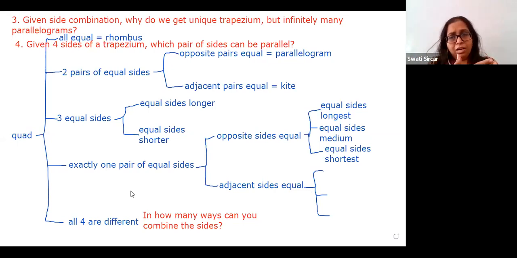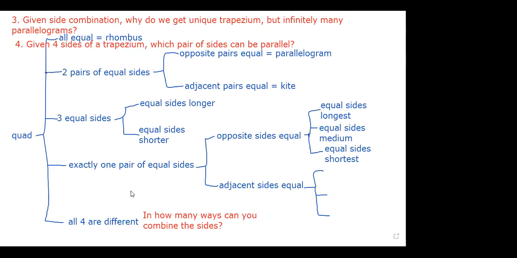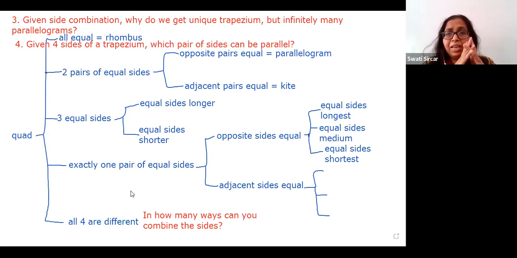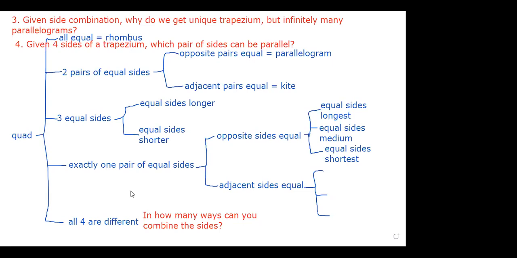In a parallelogram, the diagonals are not necessarily equal, but in a rectangle they are. Is that a reason for saying that rectangle cannot be a parallelogram? Ma'am, diagonals do not bisect each other in trapezium. Yeah, that's fine. But it bisects in parallelogram.